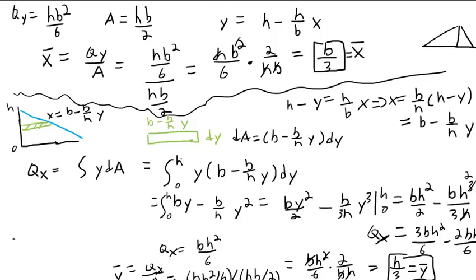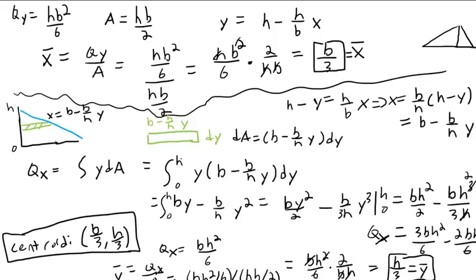So in other words, after all of this, we see that the centroid is indeed equal to b over 3, comma, h over 3. Exactly what we expect. So these formulas can indeed be derived.